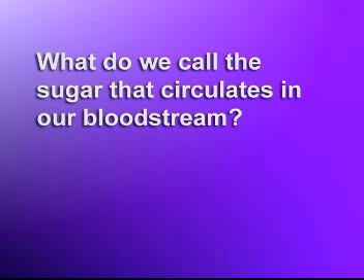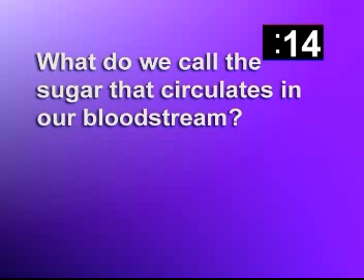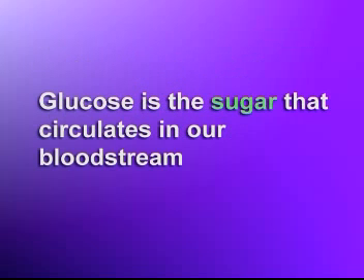Now, class, let's see how much you remember. I'm going to read 7 sentences, and every time you must fill in the missing word. What do we call the sugar that circulates in our bloodstream? Glucose is the sugar that circulates in our bloodstream.